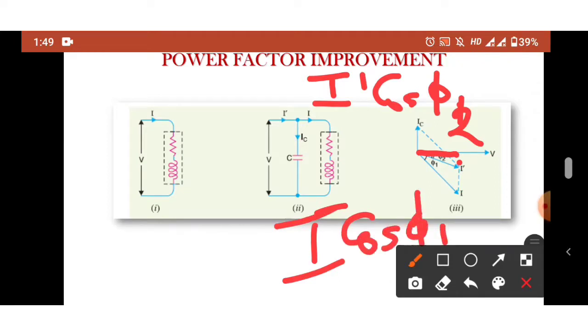That is, I dash cos phi 2 is equal to I cos phi 1. Both are equal. We can understand from this phasor diagram that there is no change in active power by improving power factor. The only change is in reactive power. So, I dash cos phi 2 is equal to I cos phi 1.